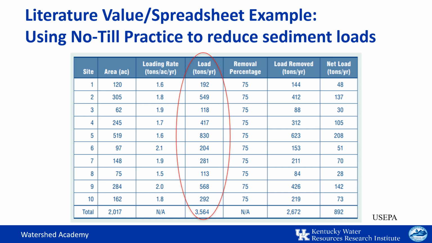You can calculate loading rates for each site based on variations in slope and soil composition and the area. This would be in tons per acre per year in this example. You can then estimate that converting to no-till on these 10 sites will remove approximately 2,672 tons of sediment from the receiving water body, reducing the net load to 892 tons per year.